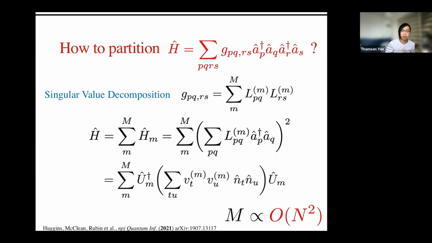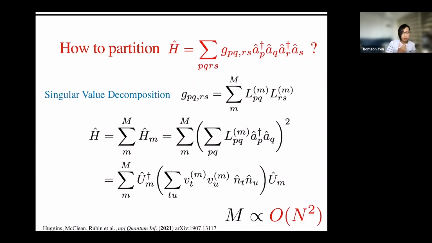That's because the GPQRS tensor has n squared by n squared size, and when you diagonalize it, you get at most n squared eigenvalues and eigenvectors. If you compare this to the qubit methods, the best was fully commuting at n cubed. So now you have further reduced the scaling with respect to n.